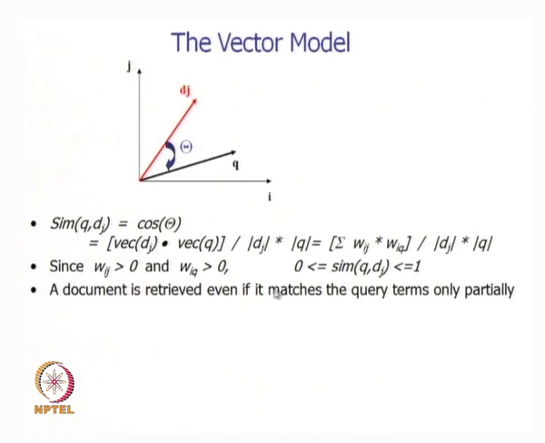A document is retrieved even if it matches the query terms only partially. So, this is the crucial difference from the Boolean model of information retrieval. Even if the query terms partially match, we would retrieve the document and show it to the user. Of course, the rank could be lower than a document which matches the information need exactly.